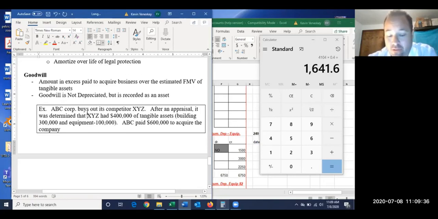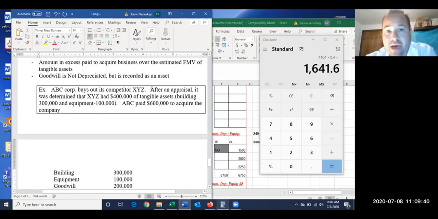So I'll give us a little example here to finish this out. ABC Corp buys XYZ. After the appraisal of all of XYZ's stuff, they had 400,000 of assets. The building was 300. Equipment was worth 100,000, so 400,000. But ABC paid 600,000 for this business because they really wanted it, and they felt like they had a good customer base, good reputation.